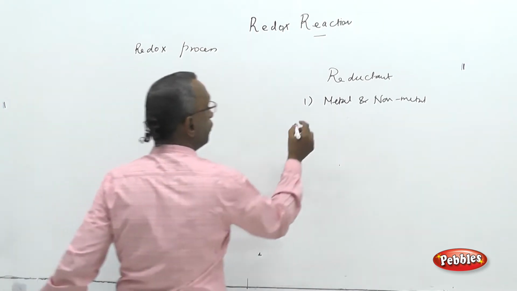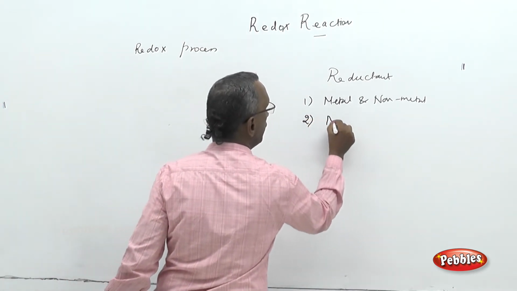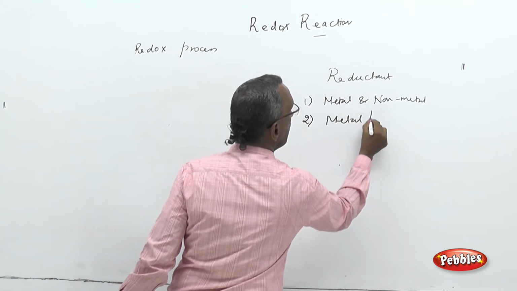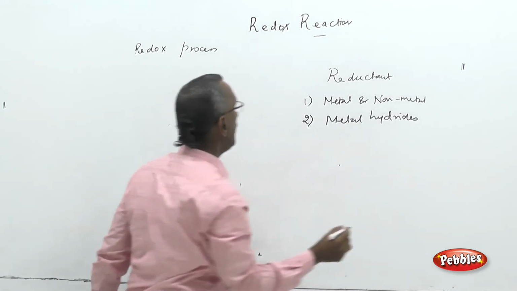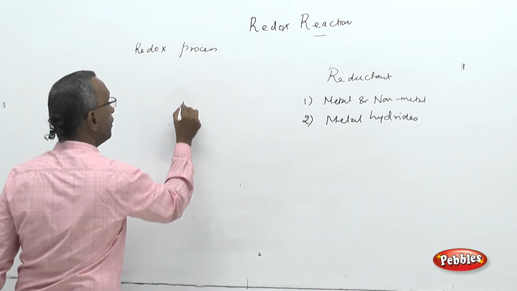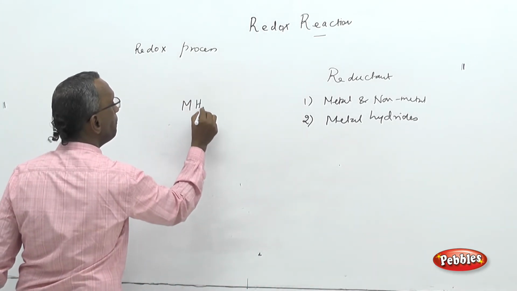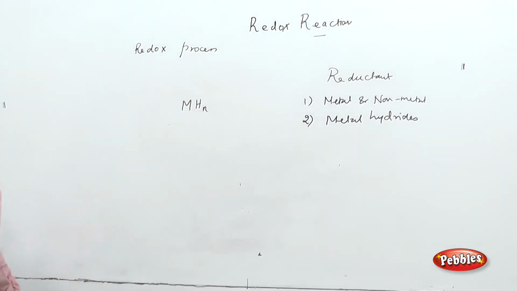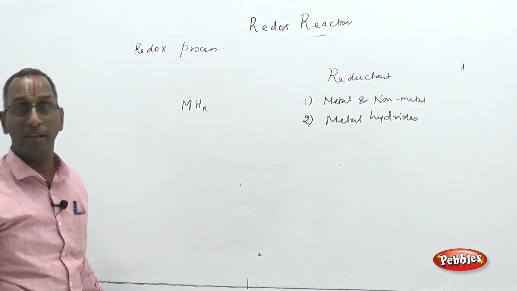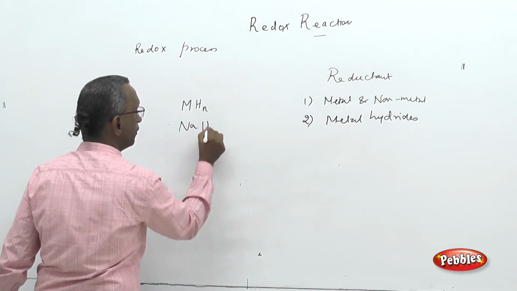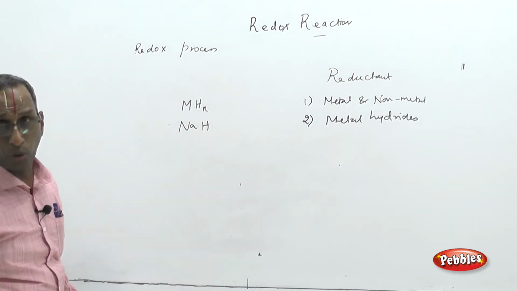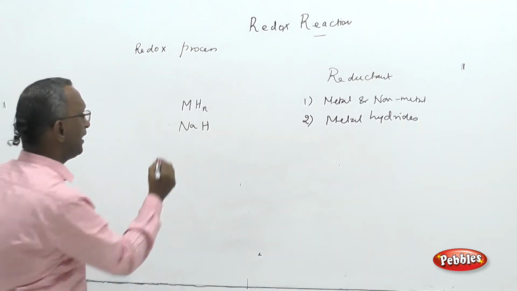The second type of compounds used for reduction are metal hydrides. Metal hydrides have the general formula MHN, where N is the valency of the metal. For example, NaH, sodium hydride, sodium has a valency of 1.